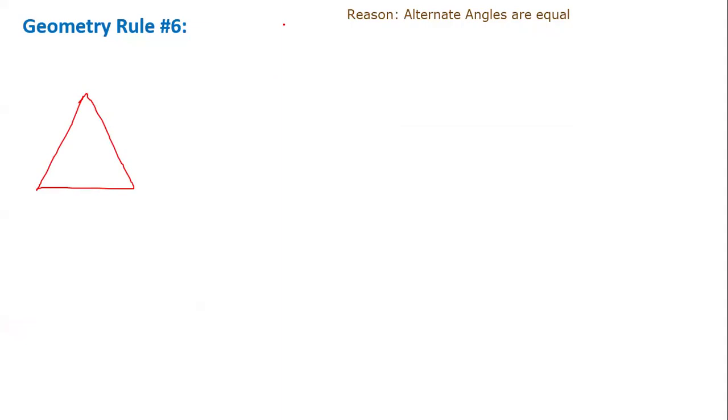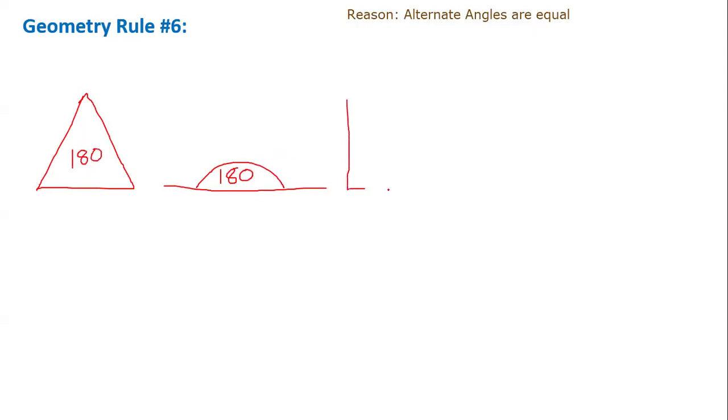Yes, we're on rule 7, because what you just did is a part of yesterday's rule, and yesterday's rule was 6. So rule number 6 is alternate angles are equal, and you just did a part of it. So we have to move on to 7 now.